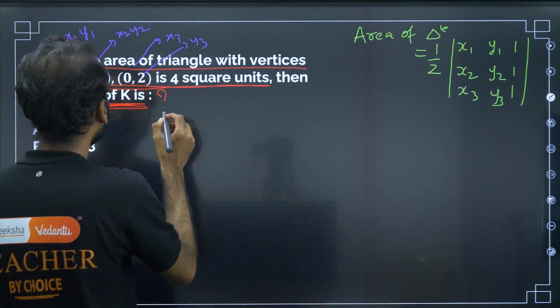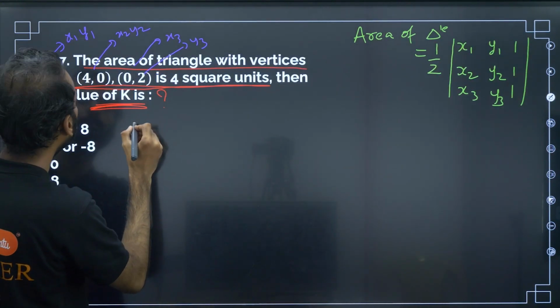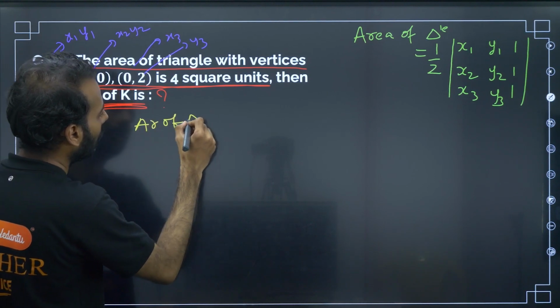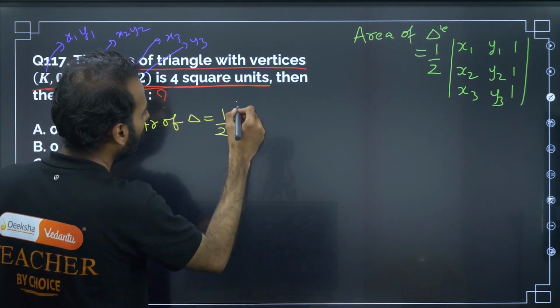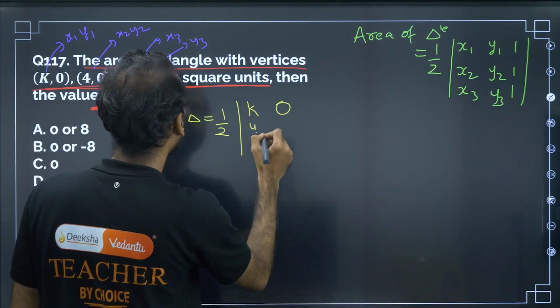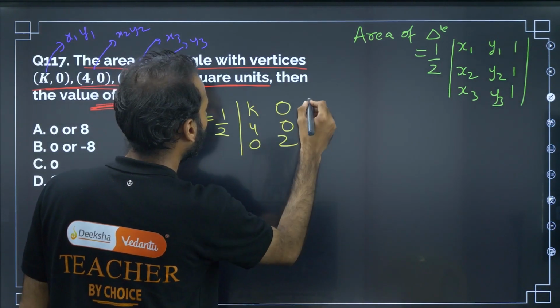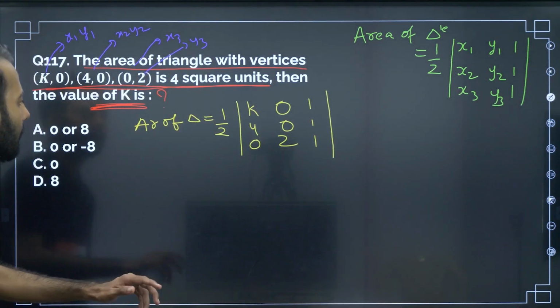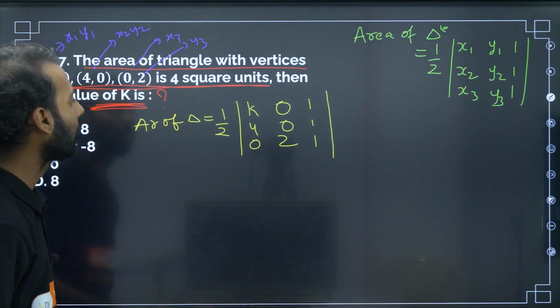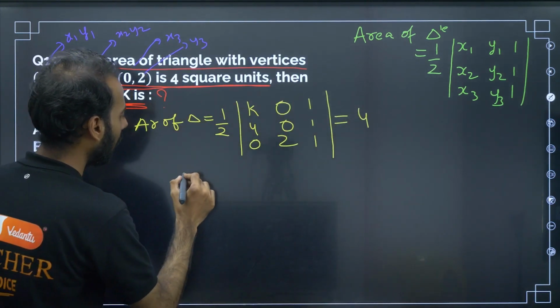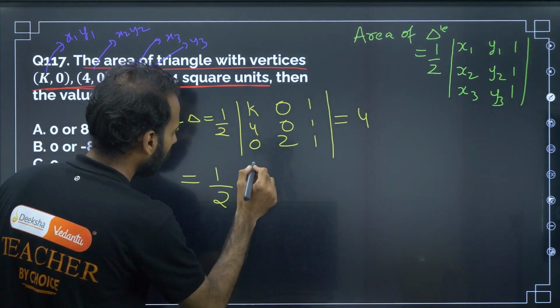So how will you use it? Area of triangle is equal to half, and then the determinant starts with k 0 1, 4 0 1, 0 2 1. Is it correct? Yes. The area is 4 square units, so it is 4. Now if I try to simplify this, what happens?